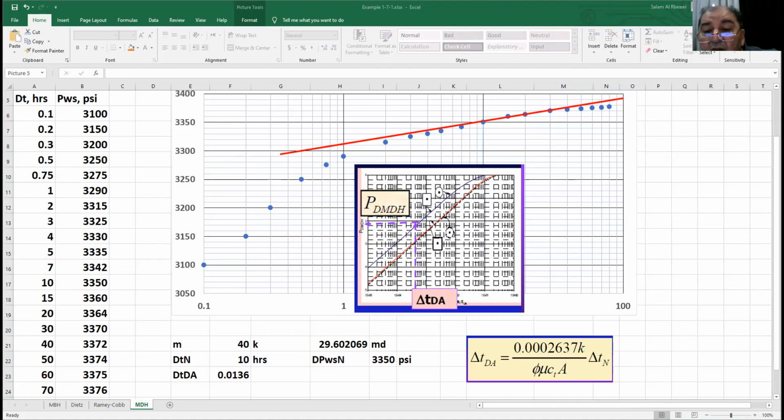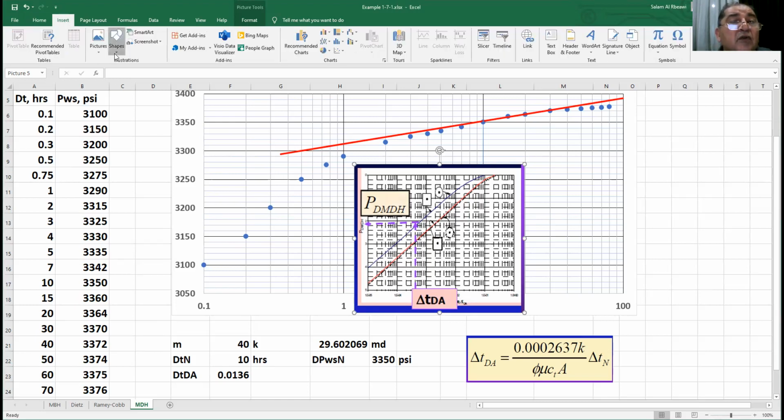So guys, this cycle is 0.0001, and this one is 0.001. This one is 0.01. So we are here, close. So we're going to plot this one, 0.01 here.